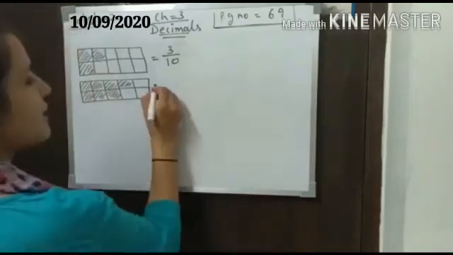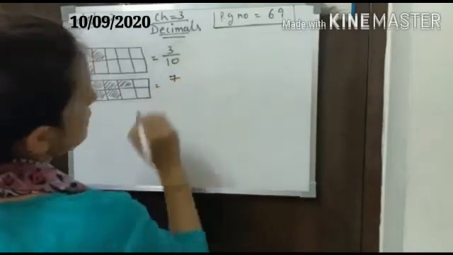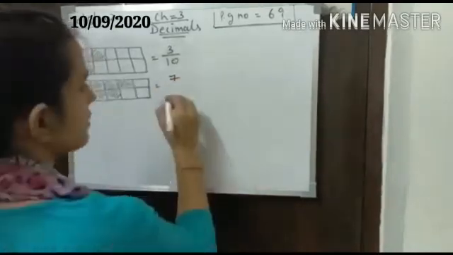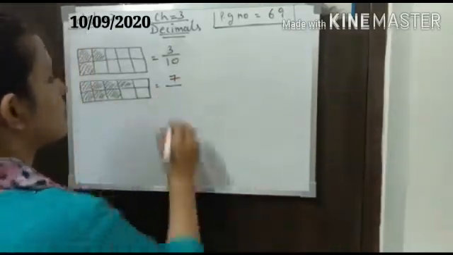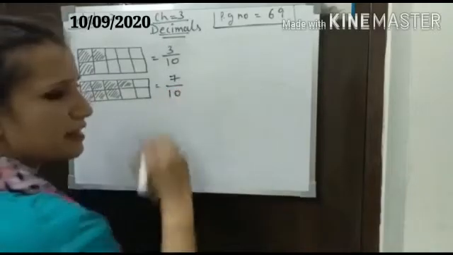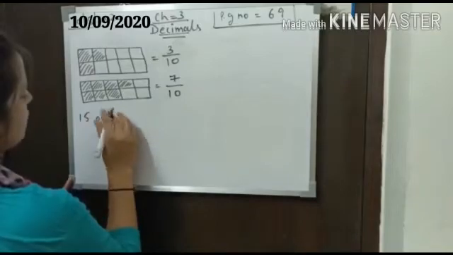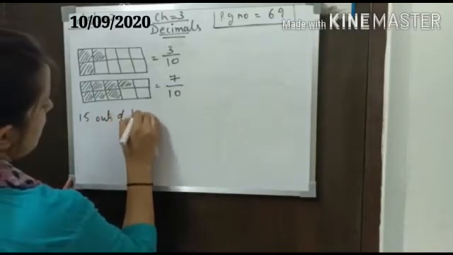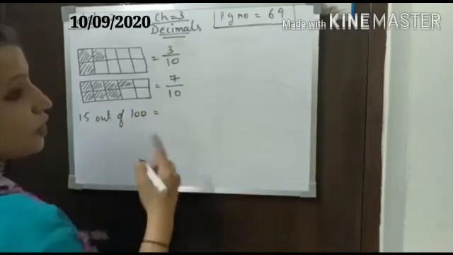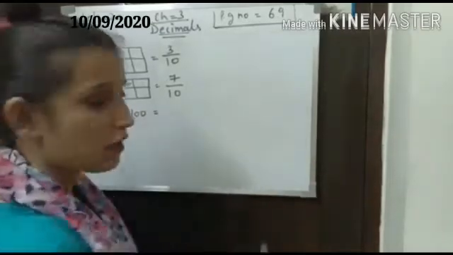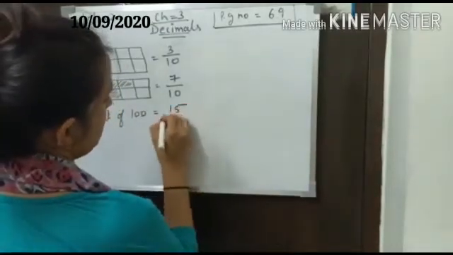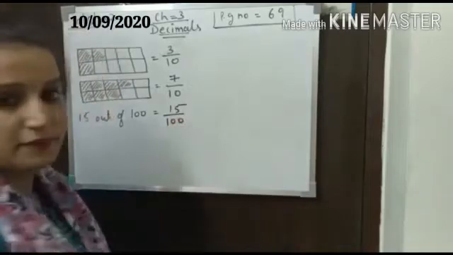So how can we write it in fraction form? We will write 7 as the shaded part by the whole part, that is 10. Same as here, we are taking 15 shaded parts out of 100. So how can we write this in fraction form? 15 by 100.